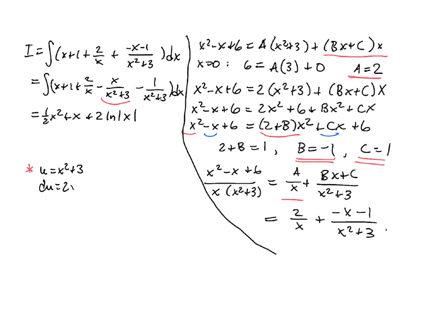So we end up for that with minus 1/2 ln of x squared plus 3. Again, the absolute value goes away because x squared plus 3 is positive.